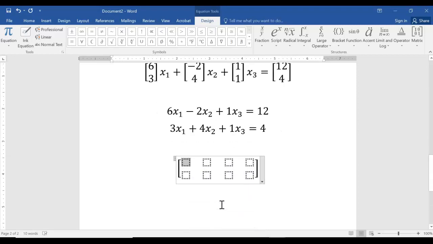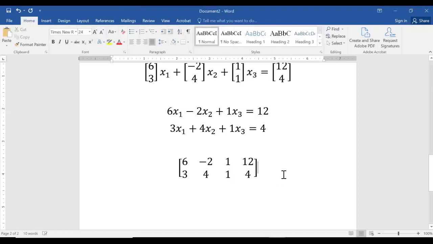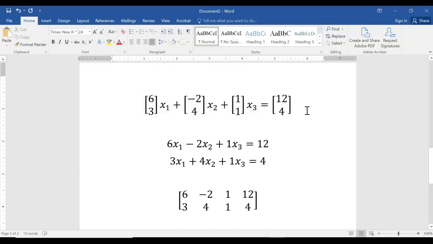The first column will be the coefficients of the x1, 6 and 3. Second column will be the coefficients of the x2, -2 and 4. Coefficients of the x3 are going to be the third column. And then, obviously, if you wanted to, you could draw a vertical line here for where the equal signs are at. But my last column is going to be 12, 4. All right. So there's the augmented matrix that corresponds to this vector equation.